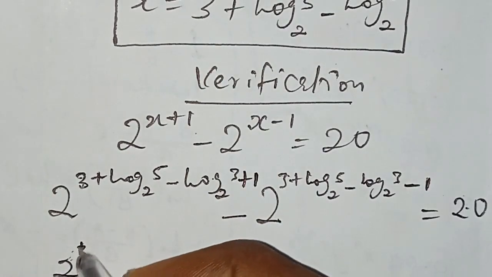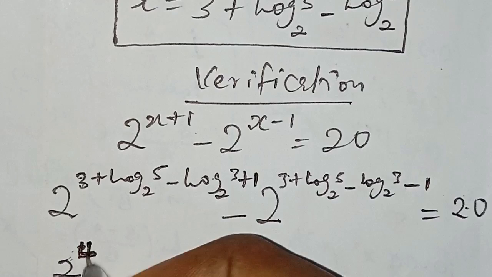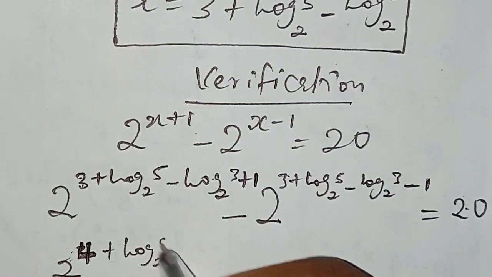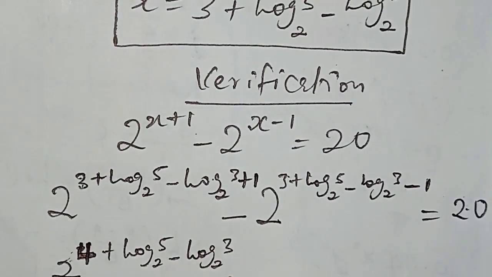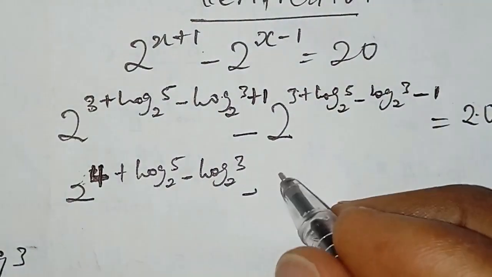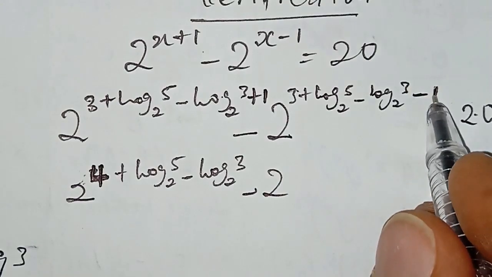So we have 4, raised to power 2 raised to power 4 plus log of 2 base 5 minus log of 2 base 3, then minus 2, we can subtract this 3 and minus 1.